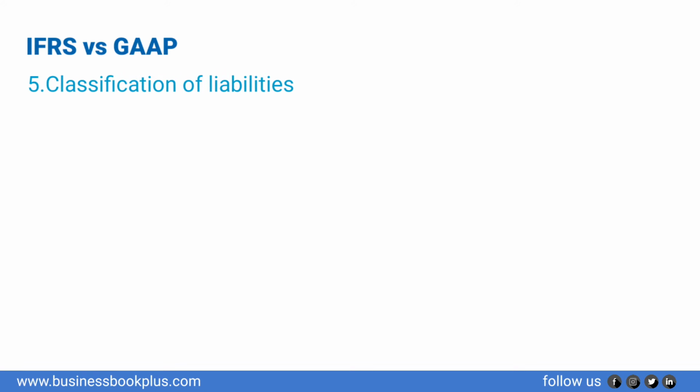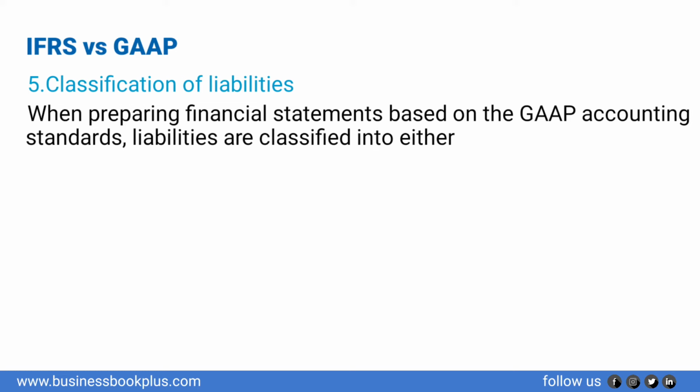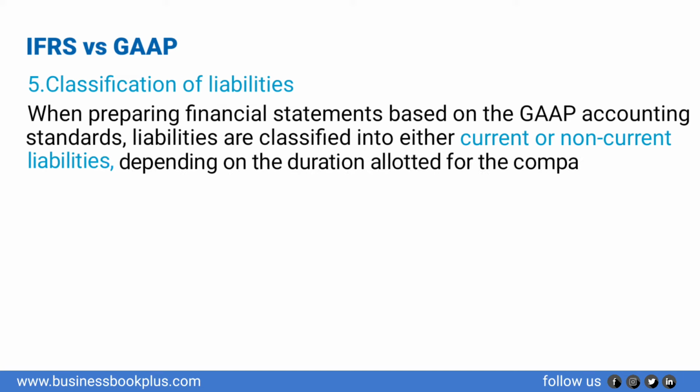Number 5. Classification of liabilities. When preparing financial statements based on the GAAP accounting standards, liabilities are classified into either current or non-current liabilities, depending on the duration allotted for the company to repay the debts.